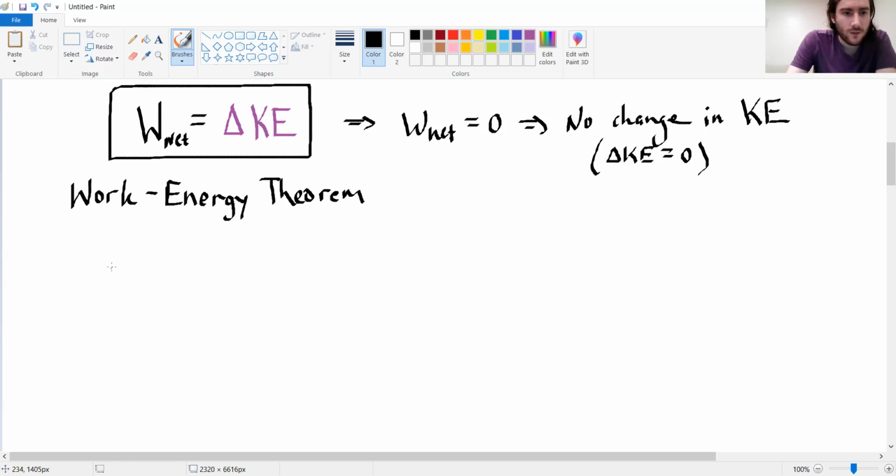We start by writing down the fact that the acceleration is the change in velocity over the change in time. And we apply the chain rule to this derivative. So we write dv over something times something over dt.